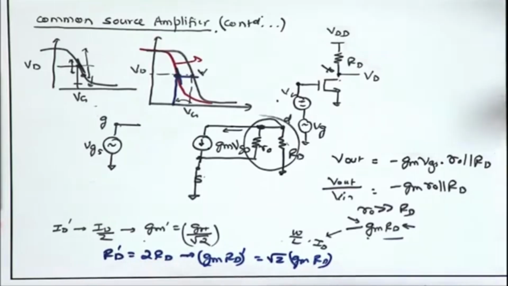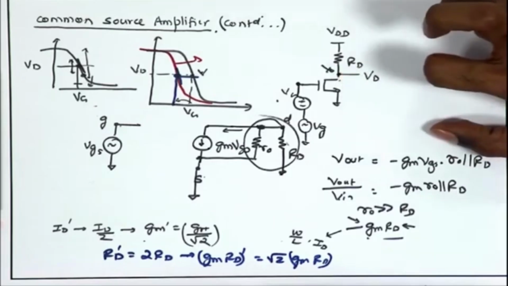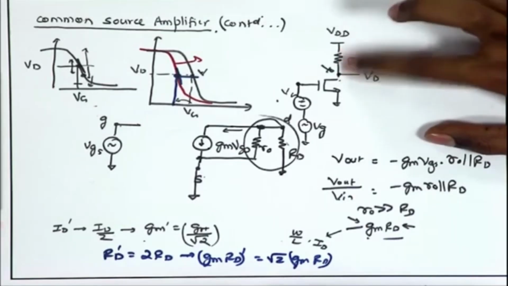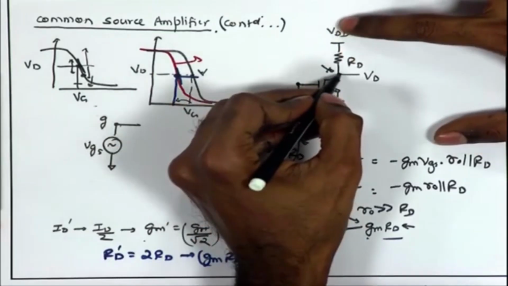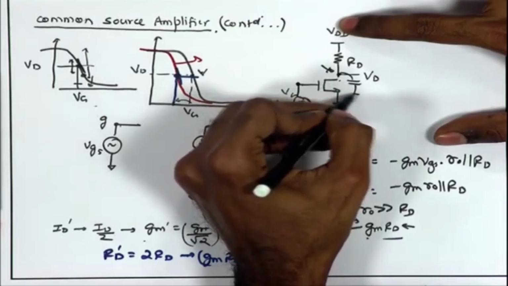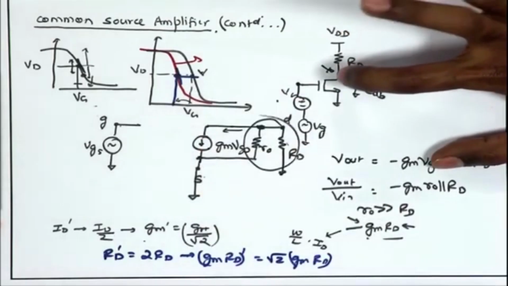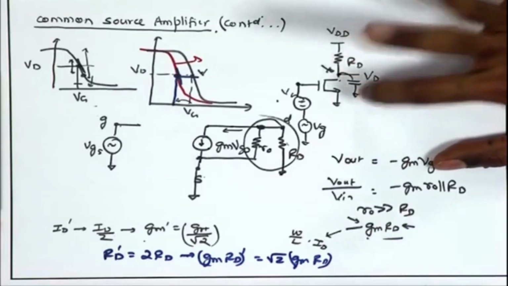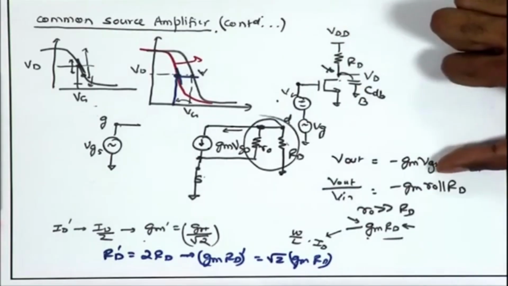So, intuitively speaking, we have seen that the MOSFET has parasitic capacitances, and when you increase Rd in this branch, the time constant, for example, resulting from the parasitic capacitance between the drain and ground, Cdb, which is going to appear between drain and body. Body is grounded, therefore, Cdb is appearing between drain and body.